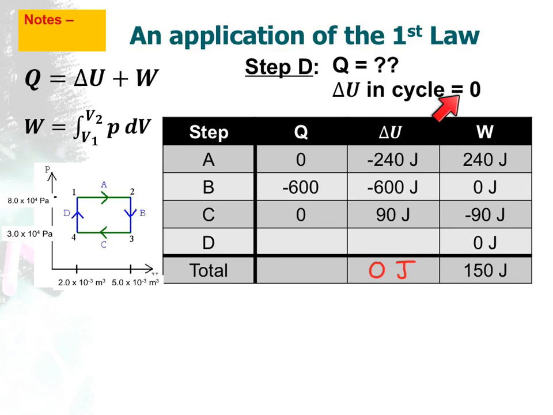That was given in the problem. So that means that this internal energy for step D has to be such that all of these 4 add up to 0. And it turns out when you do the math, if I add 750 joules of internal energy in this last step, D, that will return me back to my original state.